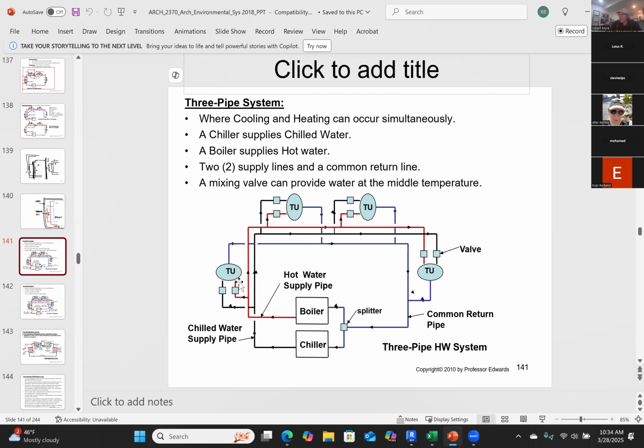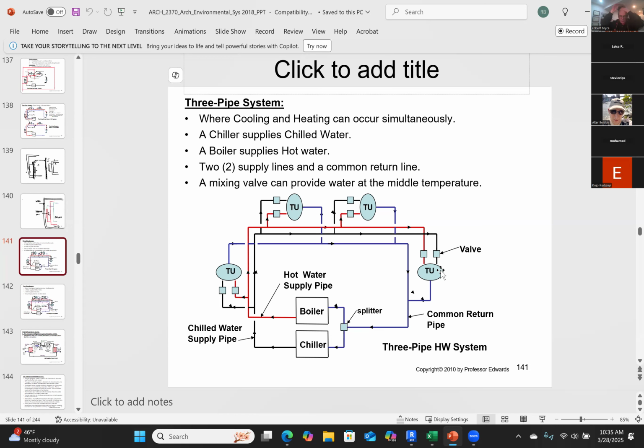So you might be calling for hot water in order to heat that space, while over here, this might be the south-facing rooms in a building. And the sun may be coming in and heating up that space so severely that you actually might need chilled water. You need to cool that space down. So it's possible that you have the need for both chilled and hot water at the same time.